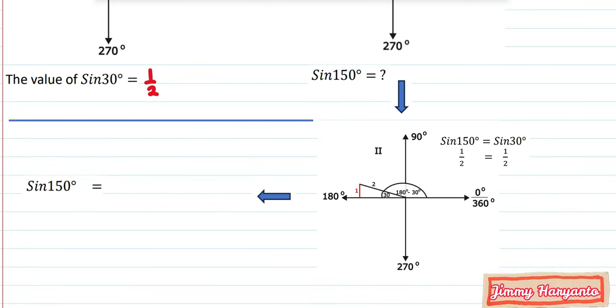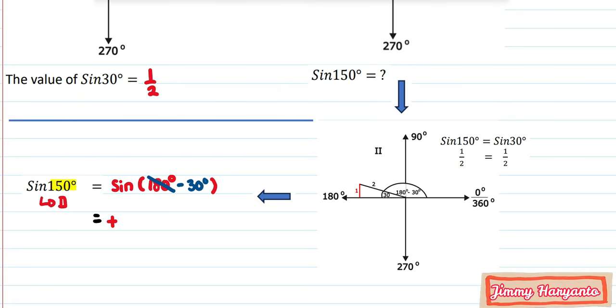But how do you change it directly from the questions? First, you write down the question like this, sine 150 degree, and then you convert the 150 degree into 180 degree minus 30 degree, because 150 is less than 180, so you have to subtract 30 from 180 to get 150. And then because 150 degree is in the second quadrant and the value of sine in the second quadrant is positive, you have to consider that the result will become a positive number.